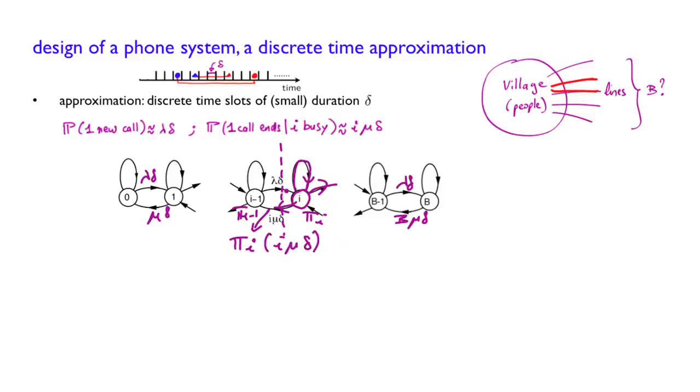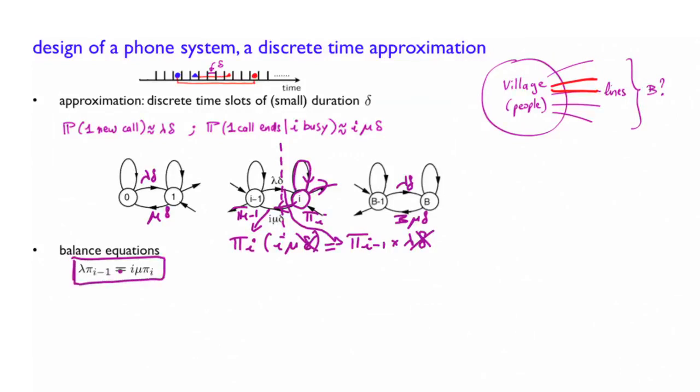And the transition of this type will be pi i minus 1 times lambda delta. And the frequency of these transitions has to be the same as the frequency of these transitions. So we have that equals that. And then we can cancel the delta in both, and we are left with this equation here.